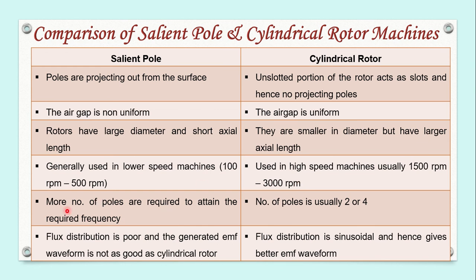So next point, more number of poles are required to attain the required frequency in case of a salient pole machine. As the previous point denotes, the salient pole machines are used in lower speed machines. So we know that synchronous speed is equal to 120 f divided by p.